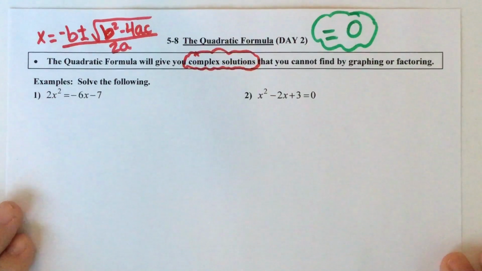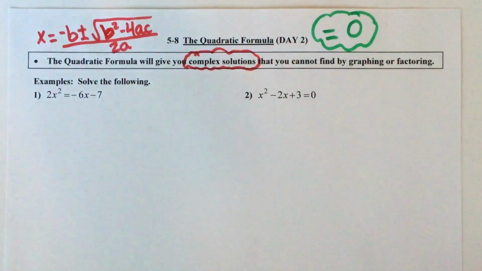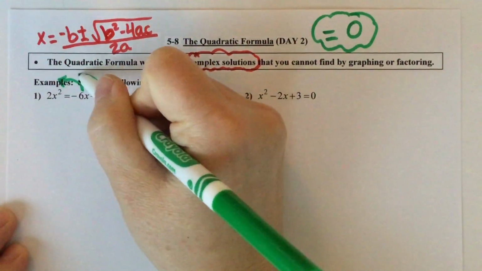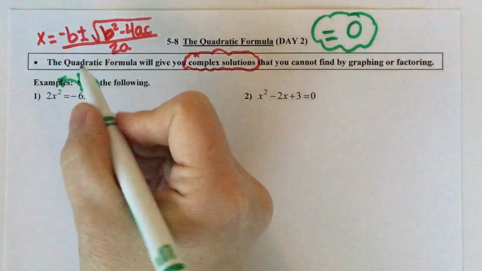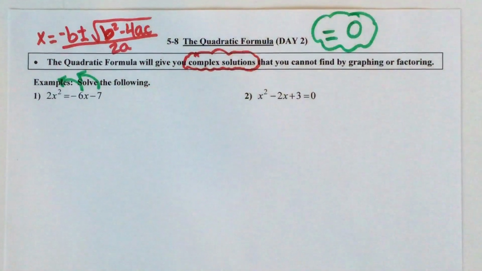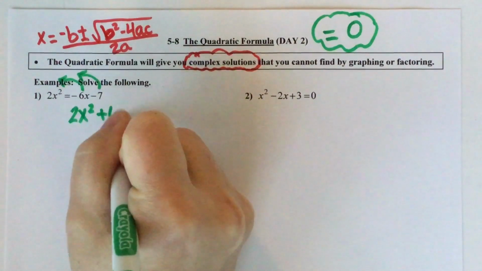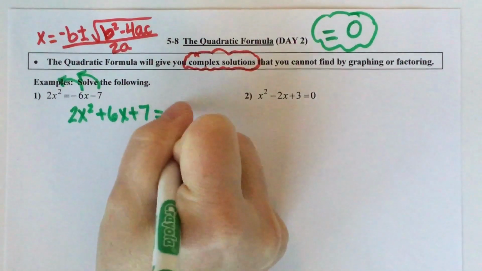So, is number 1 ready to go? Nope. All right, let's leave the 2x squared alone and let's move the minus 6x and the minus 7 over. So what's the left side going to say? It's going to say 2x squared plus 6x plus 7. Very good, equals 0.